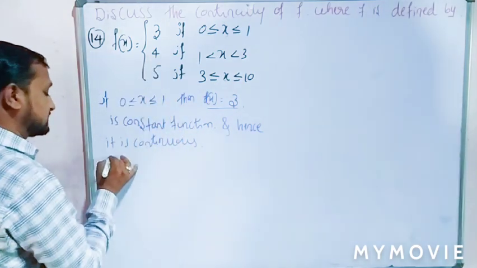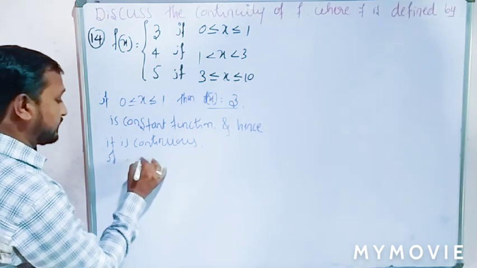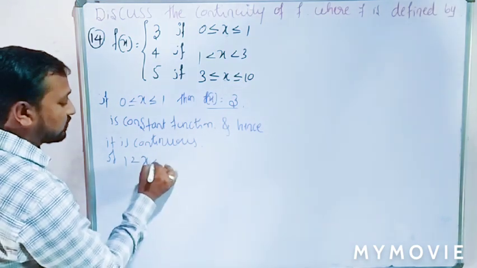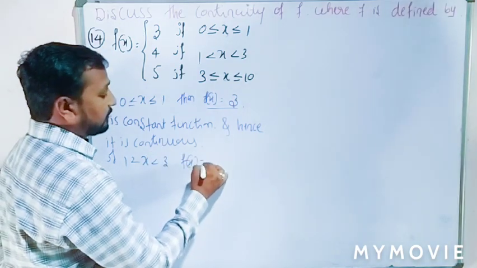Same as, if x lies in open 1 to 3, then what is your f of x? Your f of x should be 4.